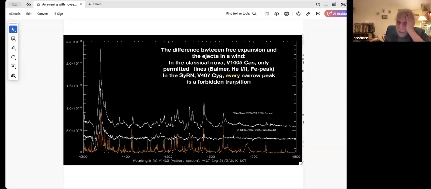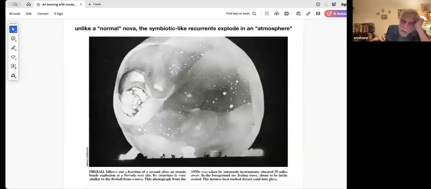And the bottom is V407, which is one of these in a wind. And what you'll notice is you see the broad lines and you don't see any of the narrow lines. That's the result of seeing the shock in the ejecta and not seeing the effect of the environment. That is what you're seeing in T Coronae Borealis. That's what it's going to look like.